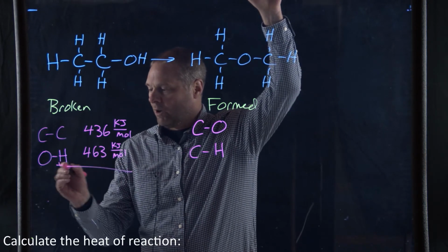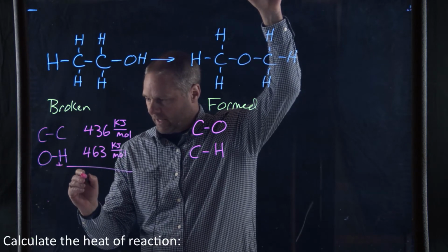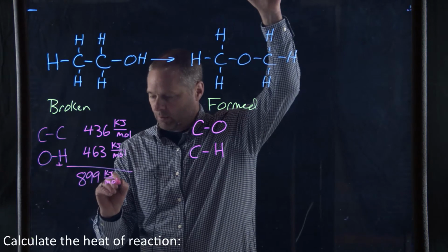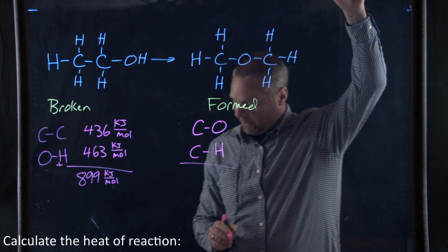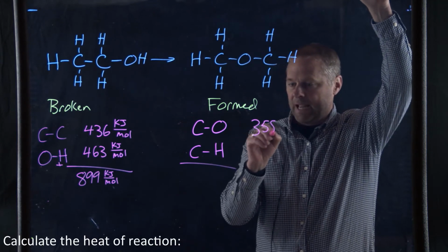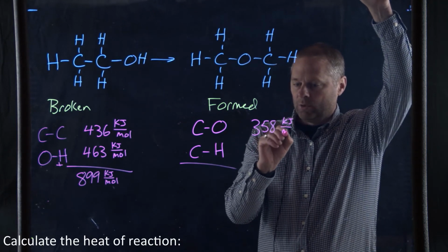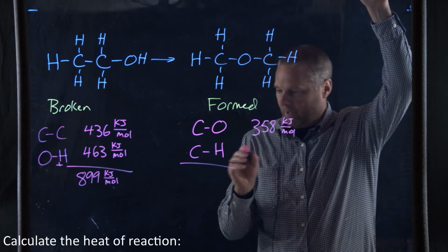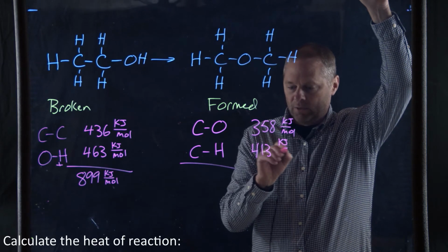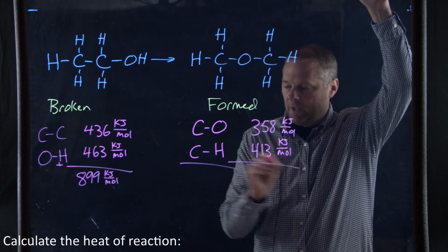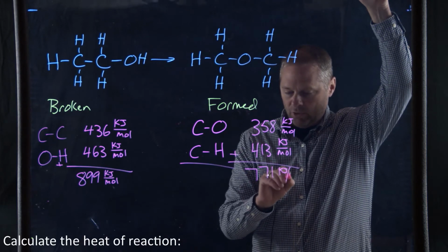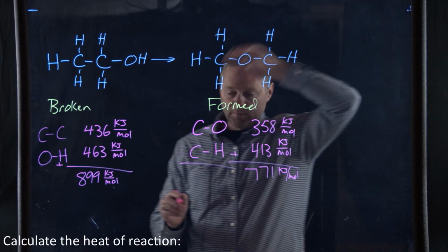And if we sum all these up, this is 899 kilojoules per mole. Over here, the carbon oxygen is going to be 358 kilojoules per mole. The carbon hydrogen is 413 kilojoules per mole. If you sum these up, this is 771 kilojoules per mole.